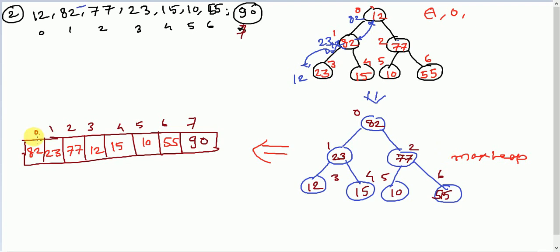Now what is the next step we're supposed to do? We're supposed to replace the 0th place with the last element. So the last index is 6 here, so we'll replace the 0th index with the 6th index element.